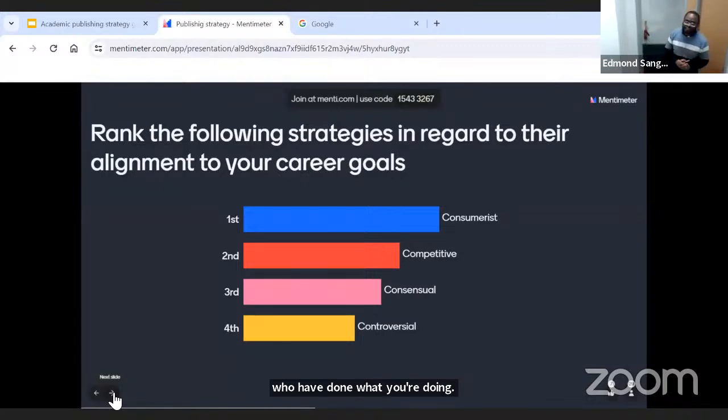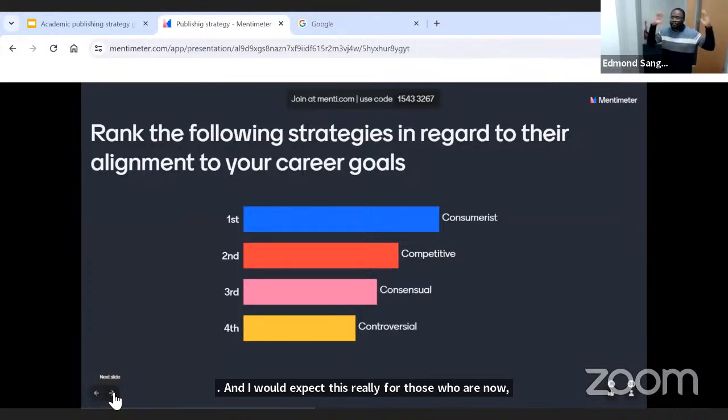If competitive, this is really good if you want to focus more on getting funding. Really, you need a competitive publishing strategy. Then consensual, we would expect this really for those who are now at an advanced age in their career, those who are more established researchers, they'll go for the consensual.